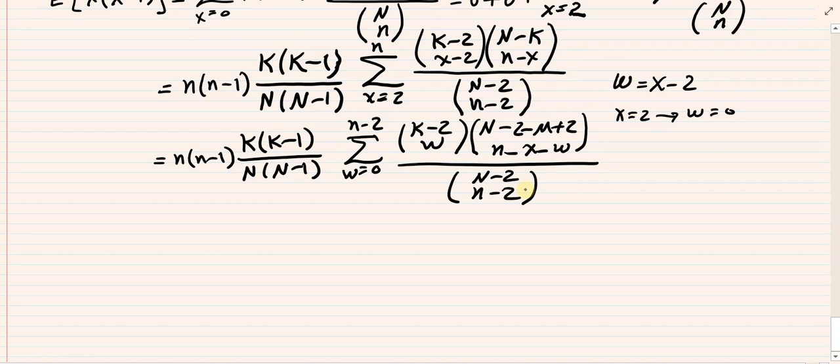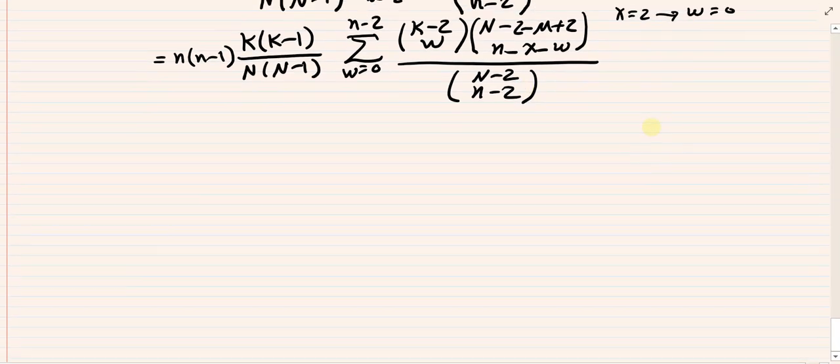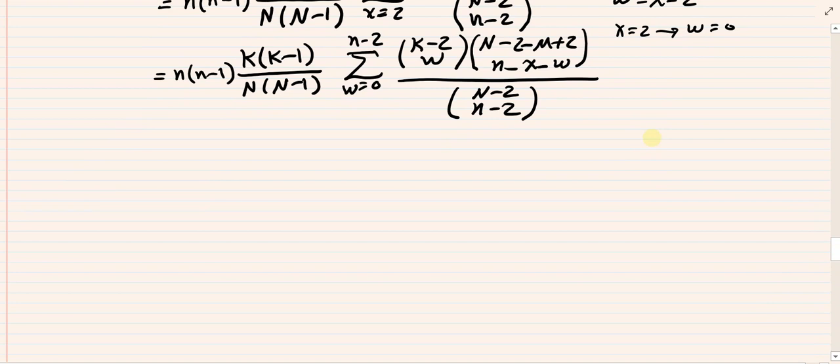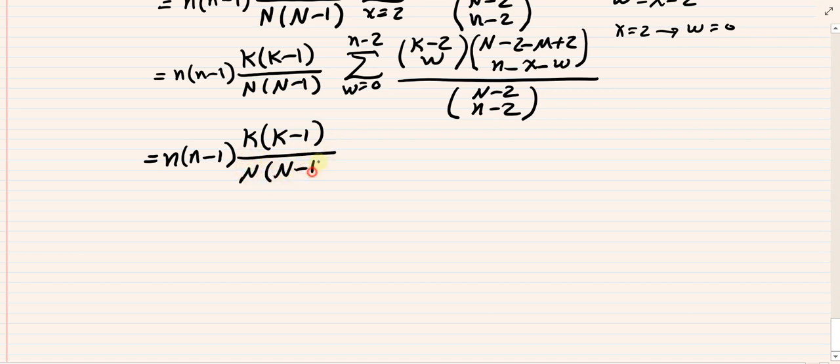Okay. And now I can simplify this one, right? So this is going to become n minus 1, and then k times k minus 1. Again, by the same reason as we did for the mean, using the generalized series that I derived earlier in this video. That's going to be 1 over, bring the denominator out, n minus 2.